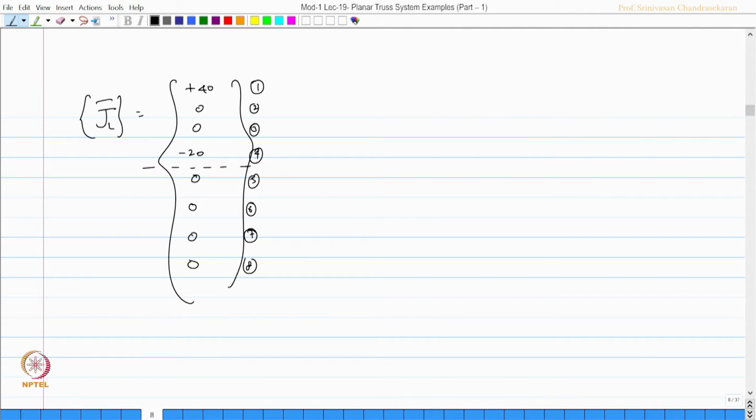Okay. Now, I can apply this equation: delta bar, that is the reference axis displacement, will be given by k u inverse multiplied by j l u. Now, I have k u inverse after assembling the stiffness matrix.